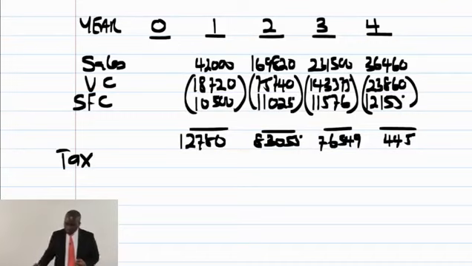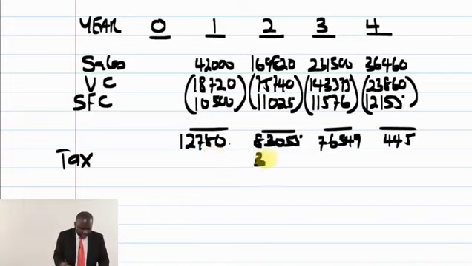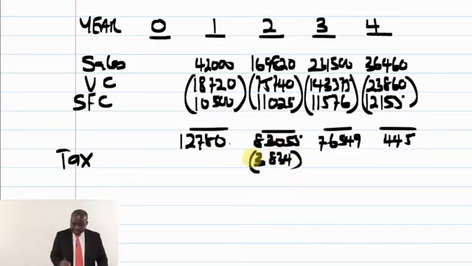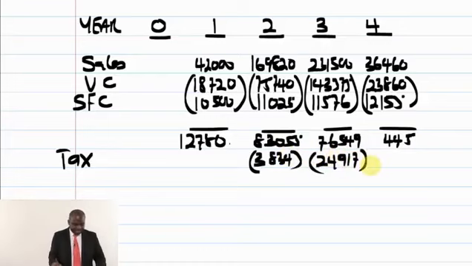Therefore, we're going to say 30% of that. Because it's 1 year in arrears, year 1 should go to year 2. So when we apply 30% of the 12,780, it's giving us 3,834. 30% of the 83,055 will give you 24,917. 30% of the 76,549 will give you 22,965.